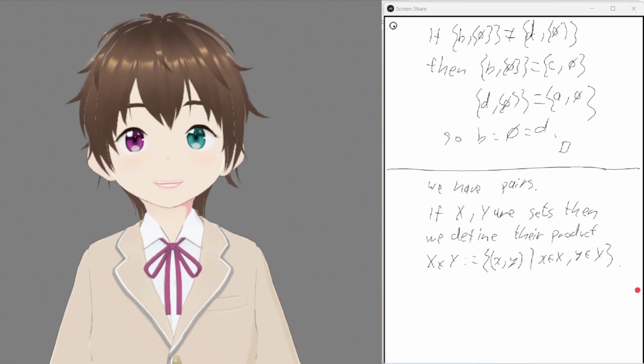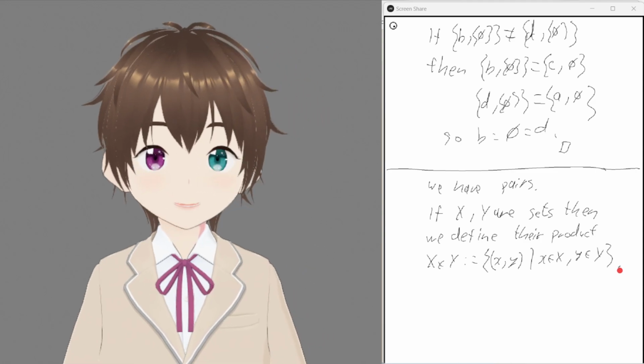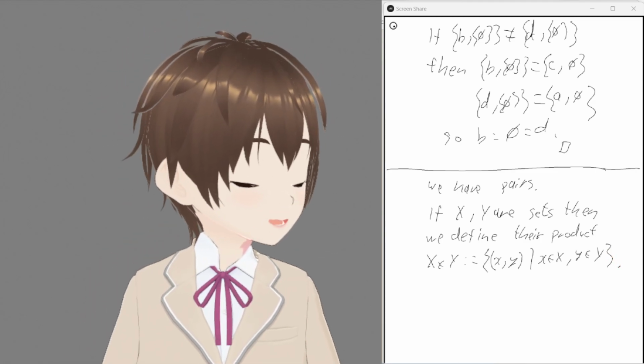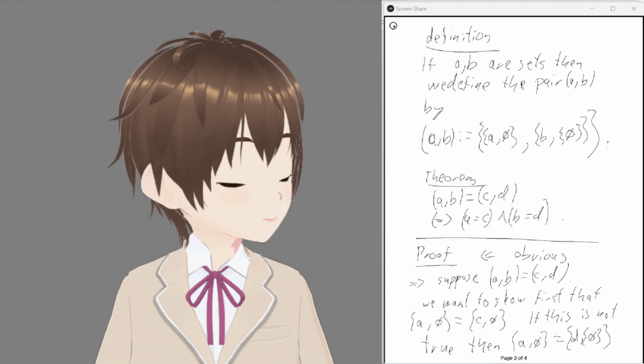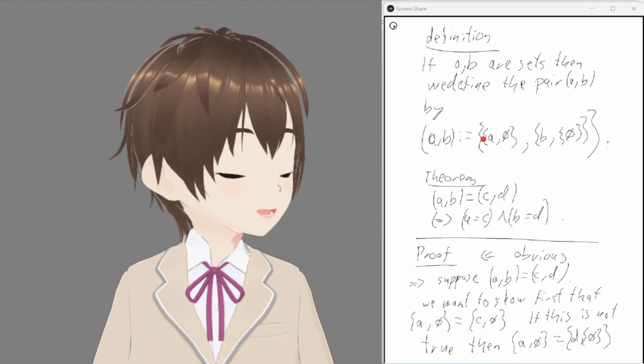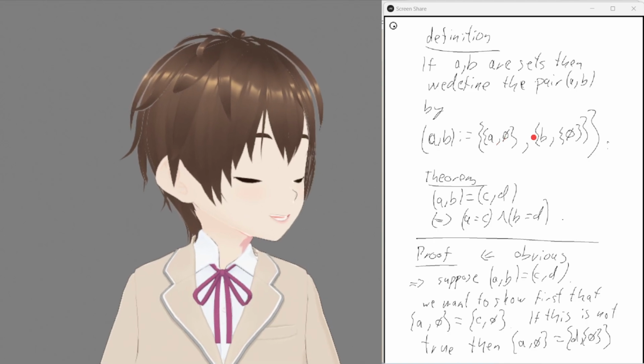Now, you might say, why is this a set? There's no axiom which says this is a set. But you can prove it using the other axioms. So if you look at these pairs here, this pair, it's a set of subsets of subsets of subsets of the set containing A, B, and the empty set.